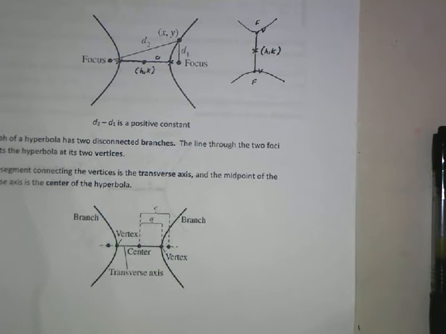You remember I drew it on the board. The string stayed the same length, so when I moved the string around, I was measuring how far it was from the focus to that point, plus from the other focus to that point. It stayed the same all the way around.